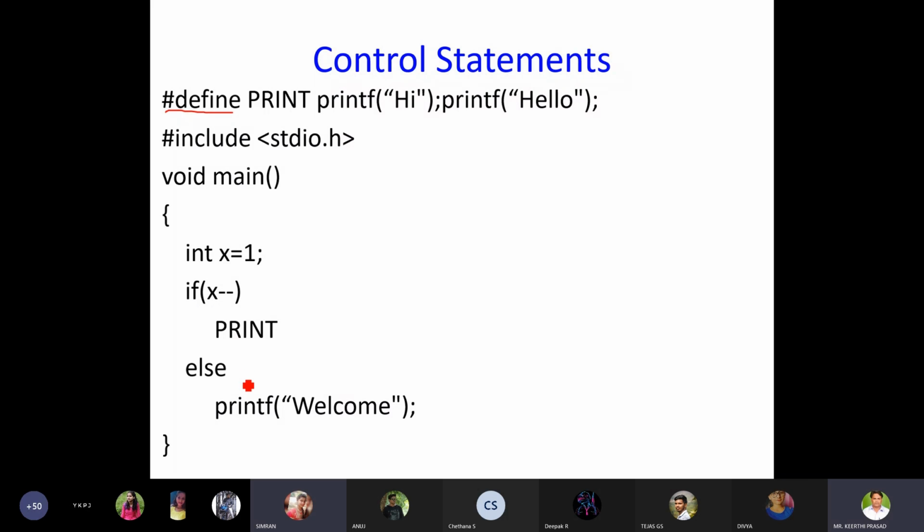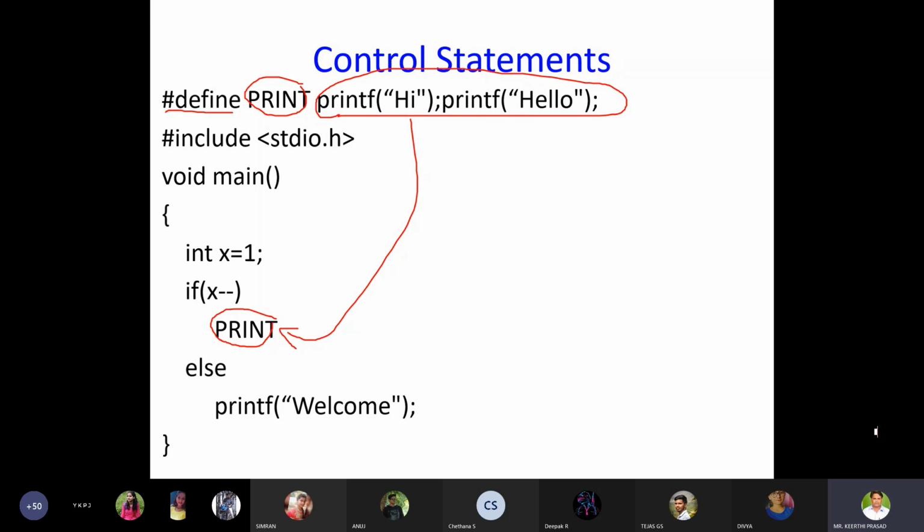So what is a macro or hash define? It just replaces the word with the code. So this print is an identifier, and this identifier will be replaced with this code, right? Yes, sir.